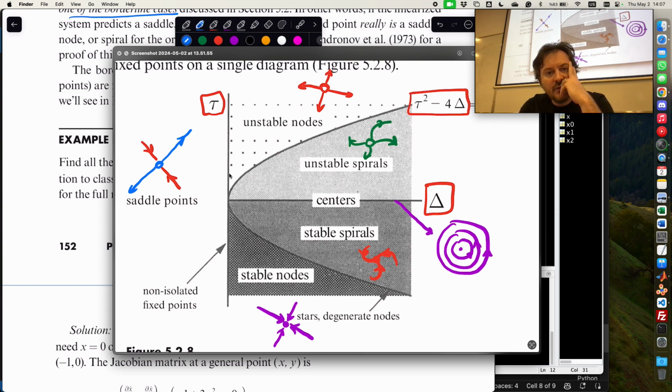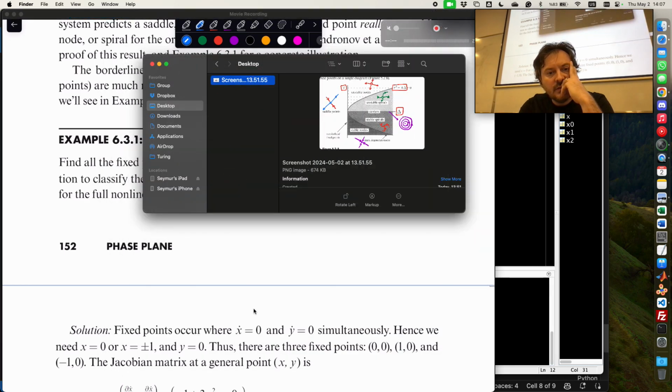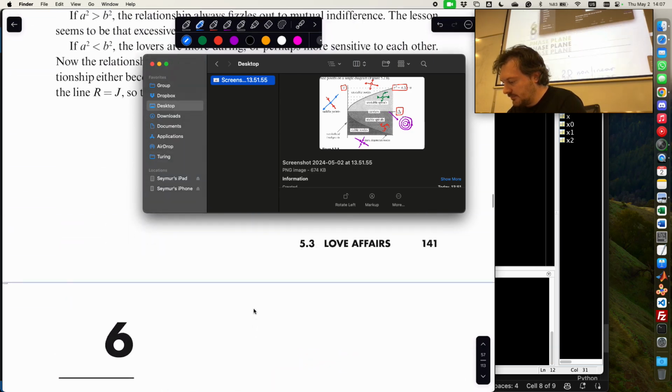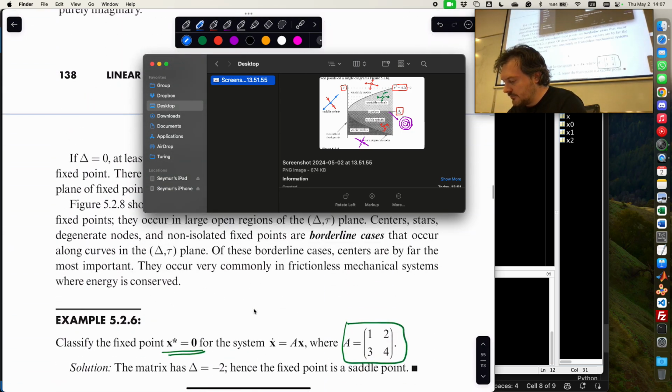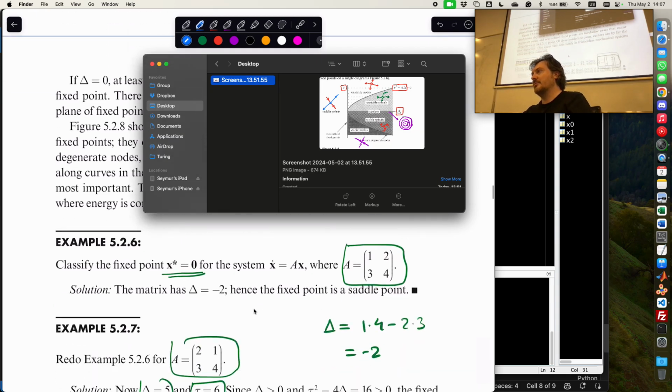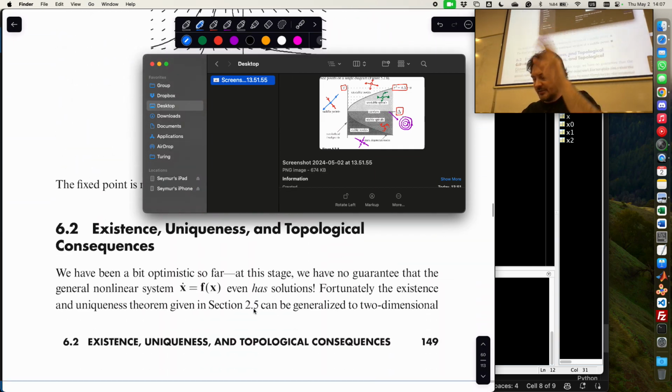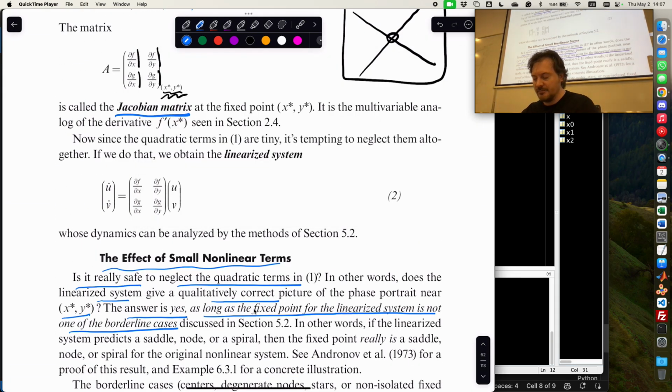Okay, there is also the eigenvalue equation for tau and delta. Delta is the product of eigenvalues. Then, for that borderline, at least one of them has to be 0. So there are those kinds of things happening.